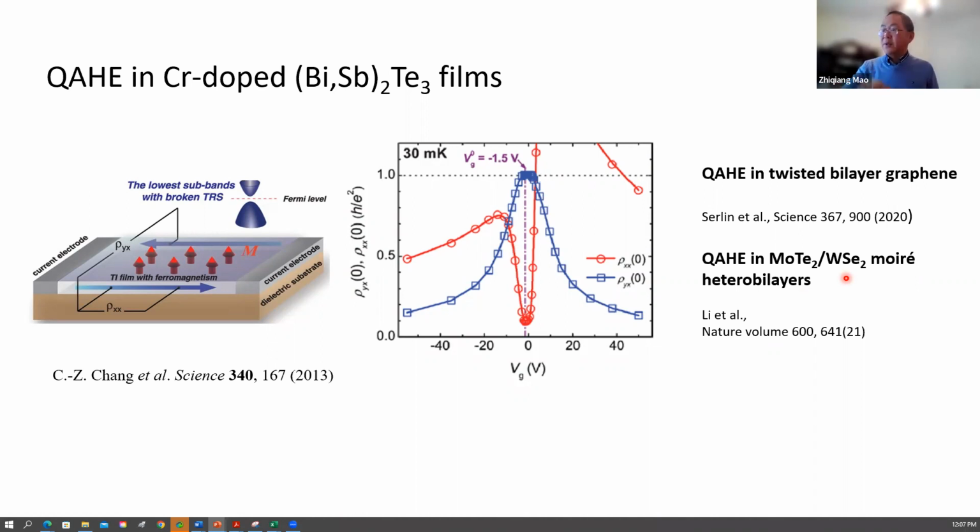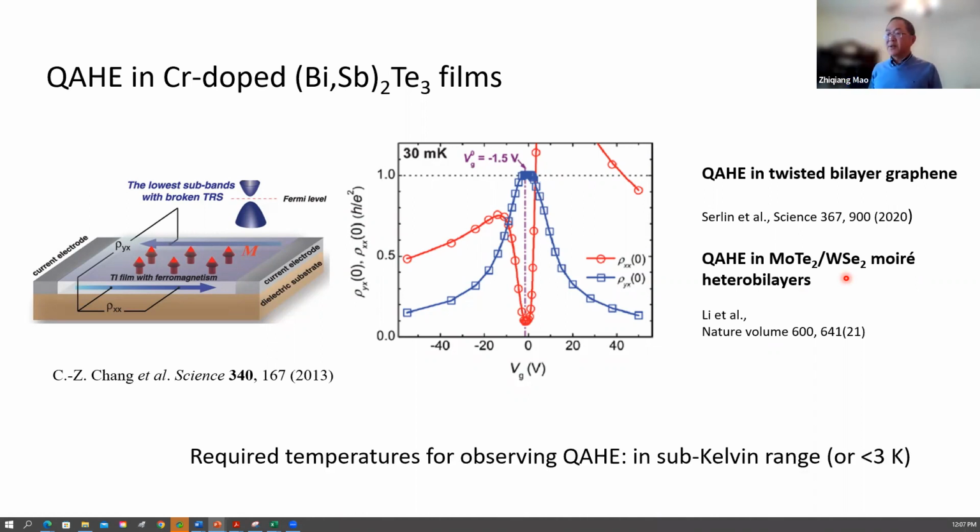But the problem with the current material systems is that the temperatures required for observing the quantum anomalous Hall effect are low, either in the sub-Kelvin range or below 3 or 4 Kelvin. So one of the focus directions in this field is to look for materials which can realize the quantum anomalous Hall effect at a higher temperature.